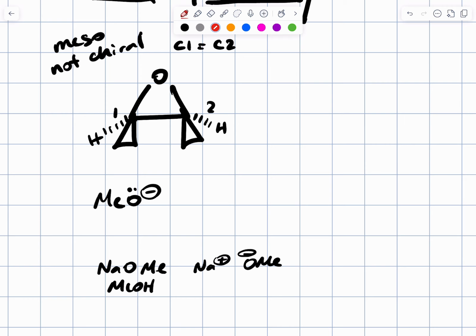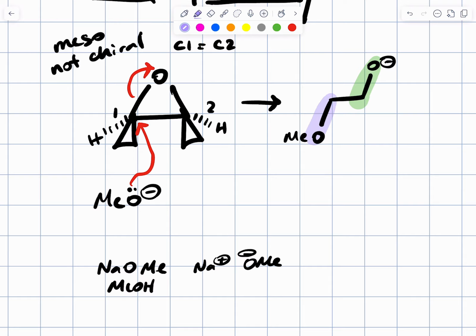We'll have that nucleophile attack either carbon 1 or 2, doesn't matter which, I'm choosing 1, they're identical to each other, to get the following product. Here is the OR- leaving group that left. Here is the OMe nucleophile that attacked.